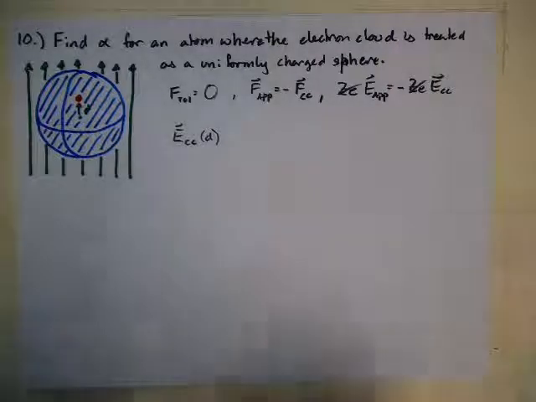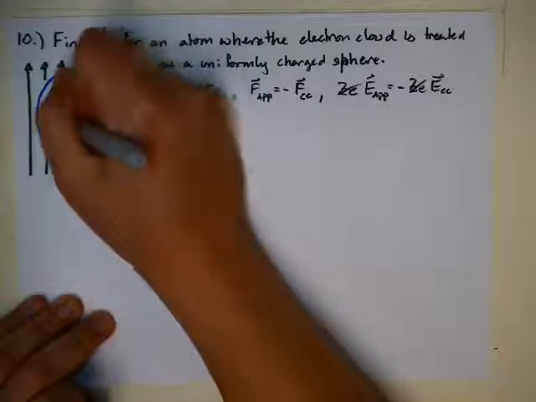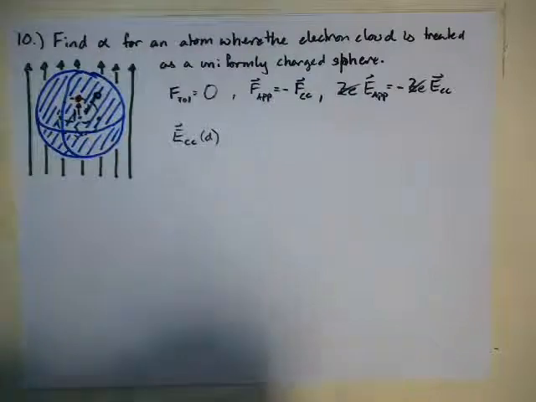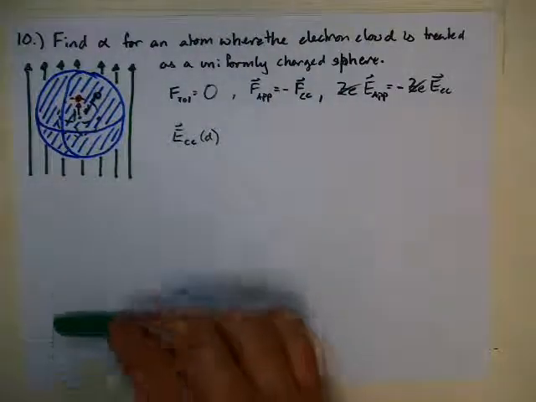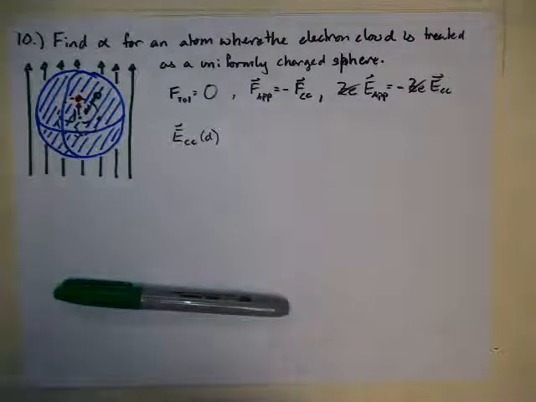We have a symmetric system here, so we can use Gauss's law. Draw a sphere. The electric field due to the spherical charge distribution must point radially outward.